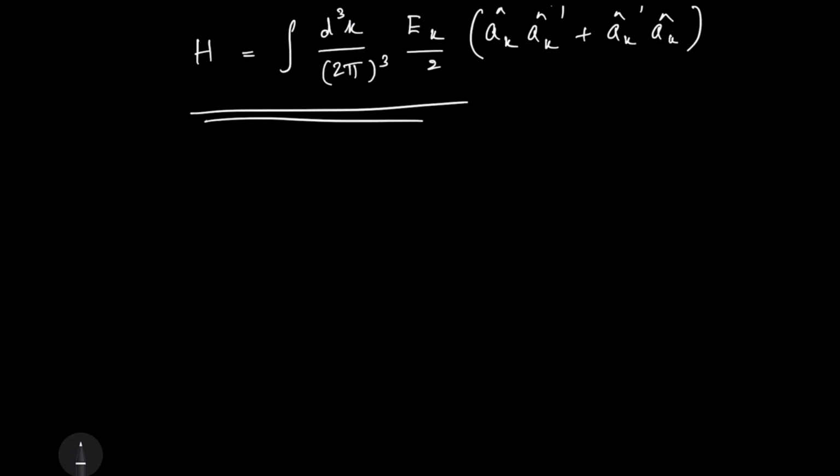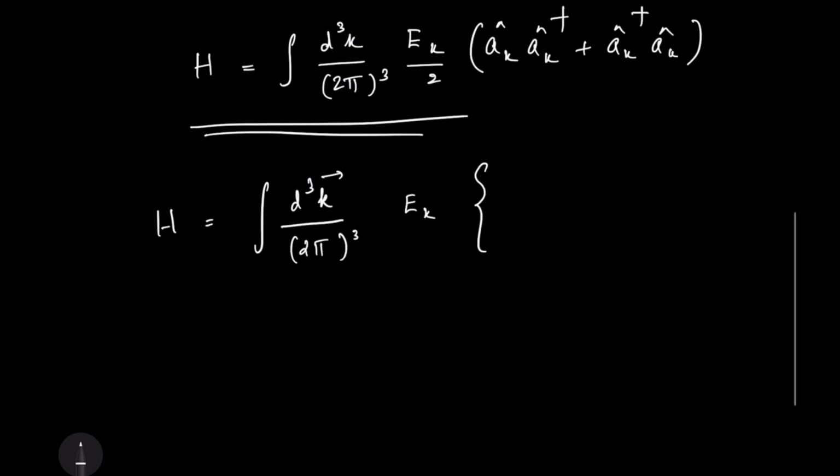Now I can rewrite this Hamiltonian H as integral d³k by 2π cube, E_k, and then I can write a commutator.